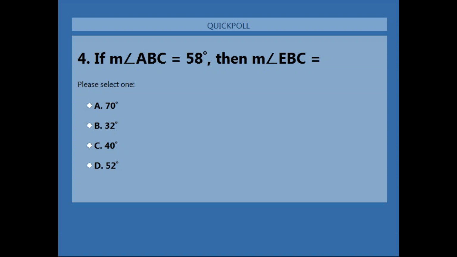We're looking for the whole thing. So if you're able to find this measure, what would you need to do to find the measure of this angle rather?